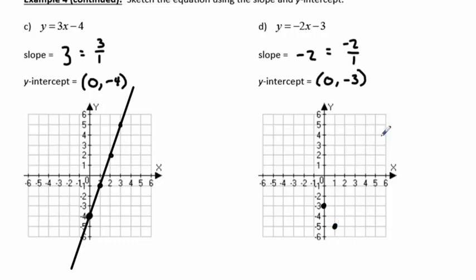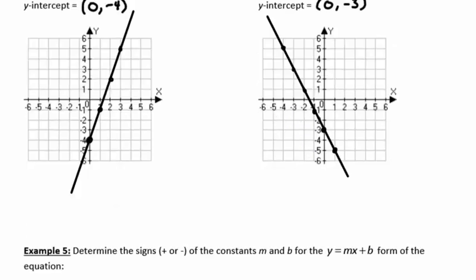I'm going to run out of space here, so we also want to use the opposite of negative 2 over 1, which would be 2 over negative 1. If you divide these, you still get the original slope of negative 2. These are equivalent fractions. You can do the same thing by going up 2 and back 1. You'll have the same slope, up 2 and back 1. And connect to form your line.